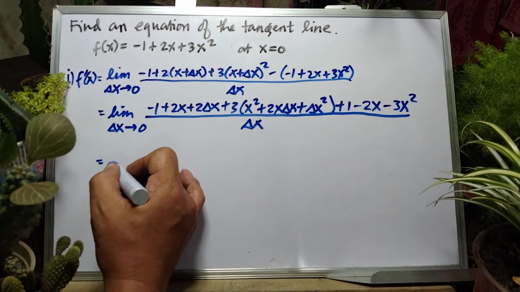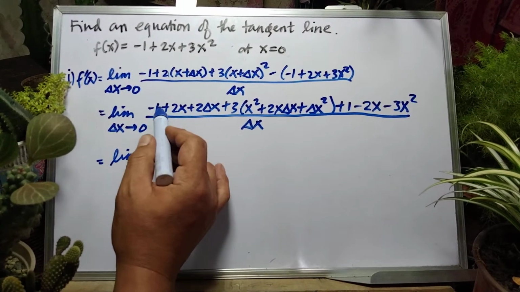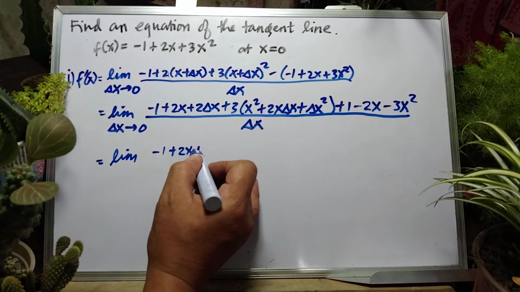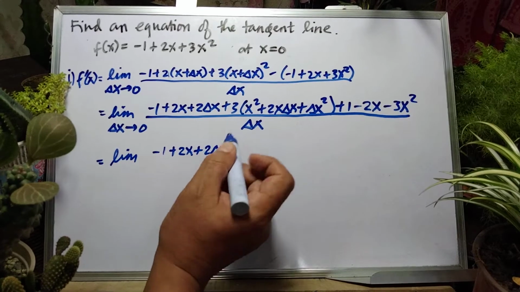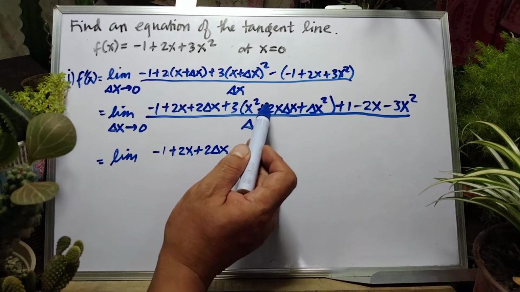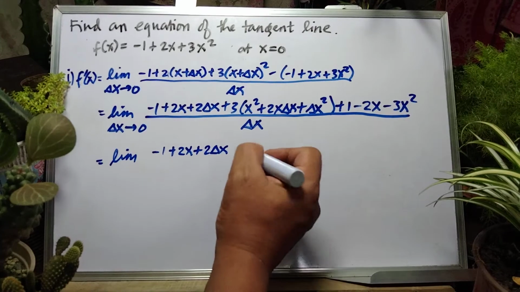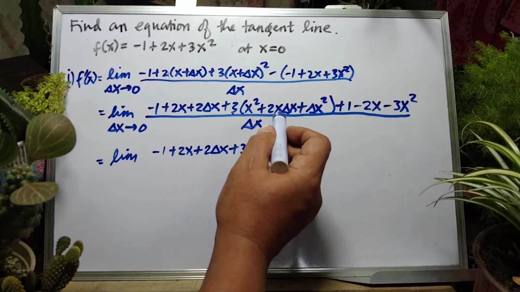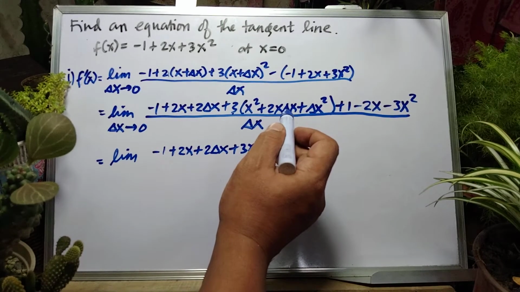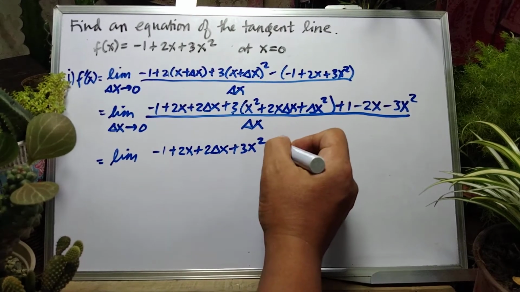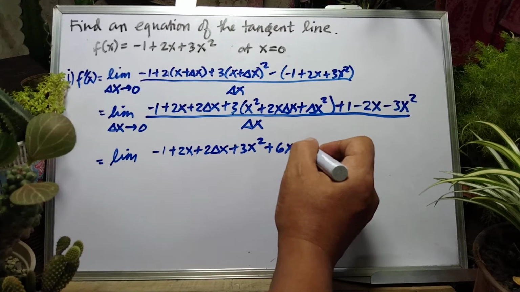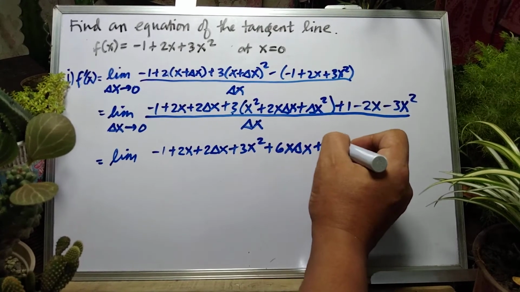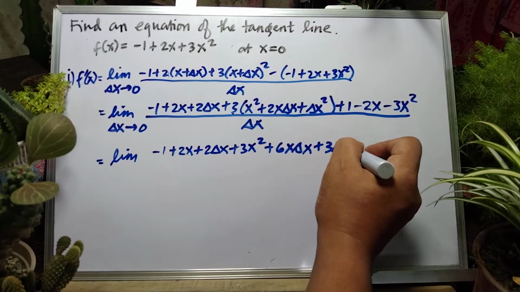Padayon tayo. You have the limit. Okay. So we just copy negative 1 plus 2x plus 2 delta x. Then from here, we distribute 3 to each term. Okay, 3 times x squared, you have plus 3x squared. 3 times 2x delta x, you have plus 6x delta x. 3 times delta x squared, so plus 3 delta x squared.